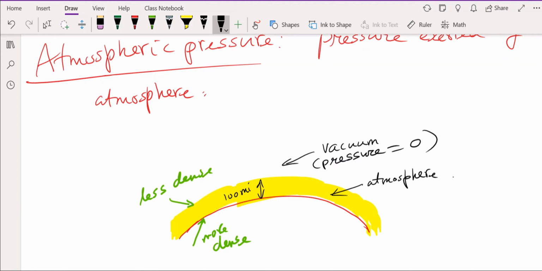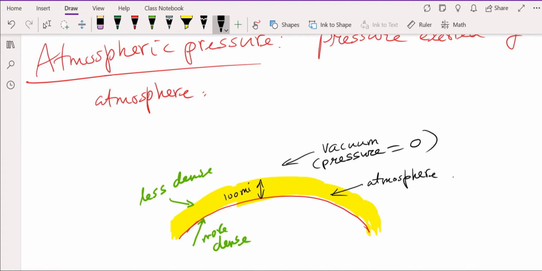Not a single atom is going to bother you. That is why satellites are launched above that area. Satellites are not placed below 100 miles. They put them 150, 200 miles above, or 20,000 miles above. Satellites cannot be put into orbit in the atmosphere because the atmosphere will actually burn them.